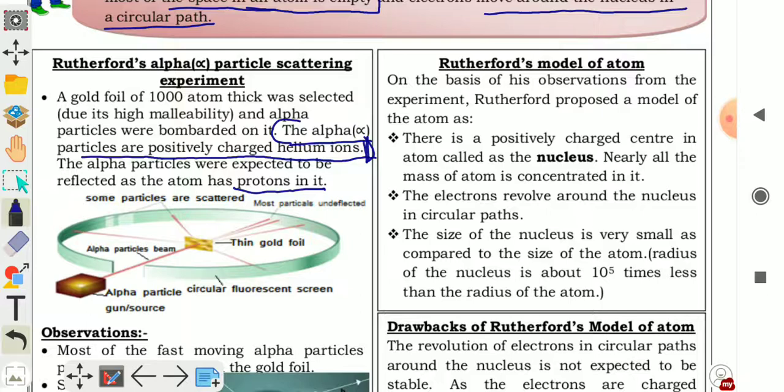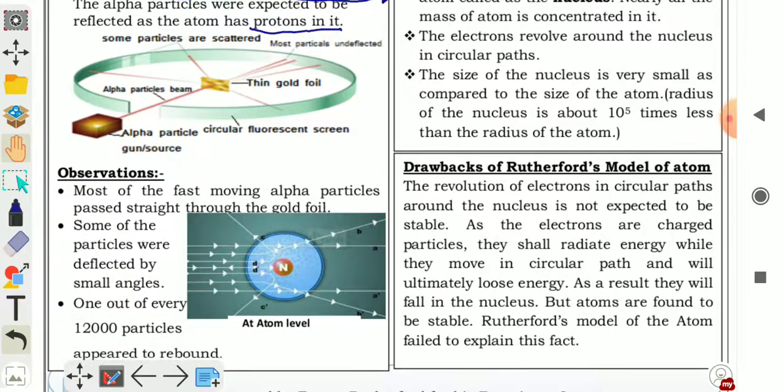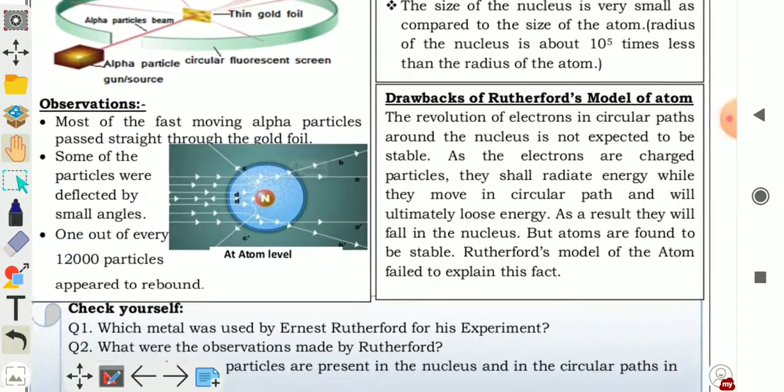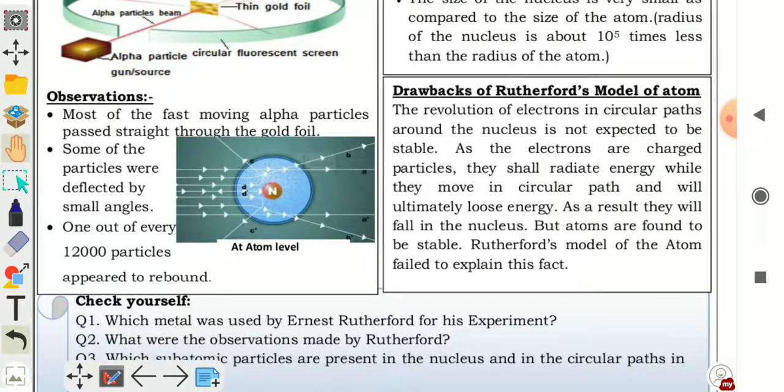Observations. Now what were the observations of Rutherford? Most of the fast moving alpha particles passed straight through the gold foil. Some of the particles were deflected by small angles, and 1 out of every 12,000 particles appeared to rebound. Means it is a very rare case.